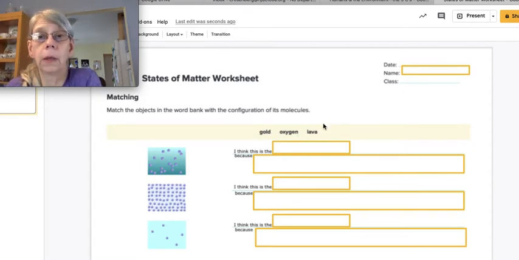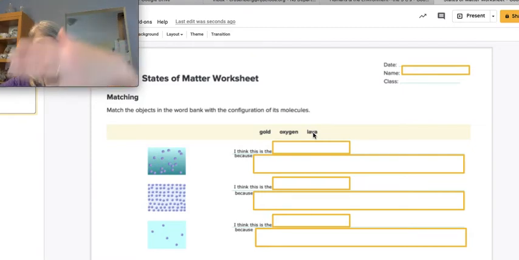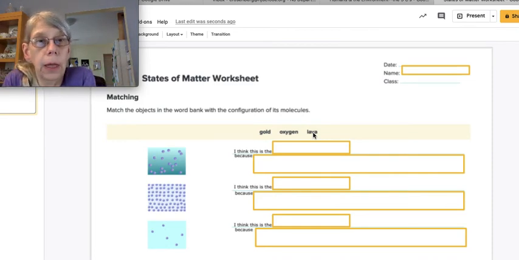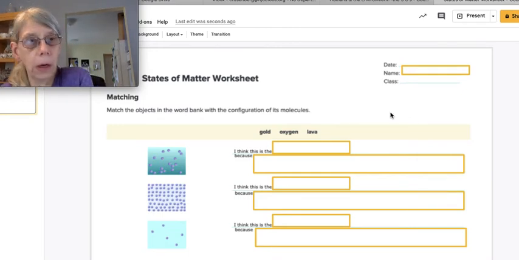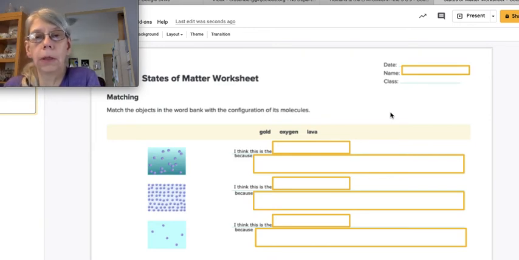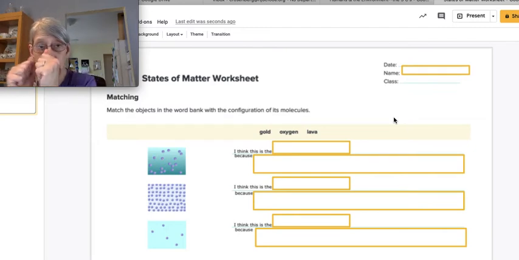Lava is that orange, hot rock that comes spewing out or maybe just flowing out of a volcano. Okay? I think that's enough hints there, but if you don't, you can let me know and I will help you with this a little more. Okay? Final hint here. Solid, liquid, gas.